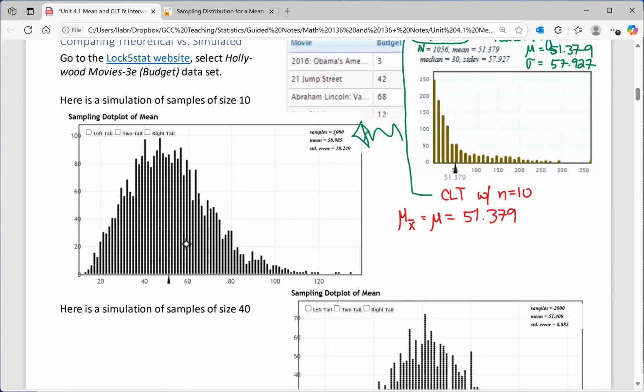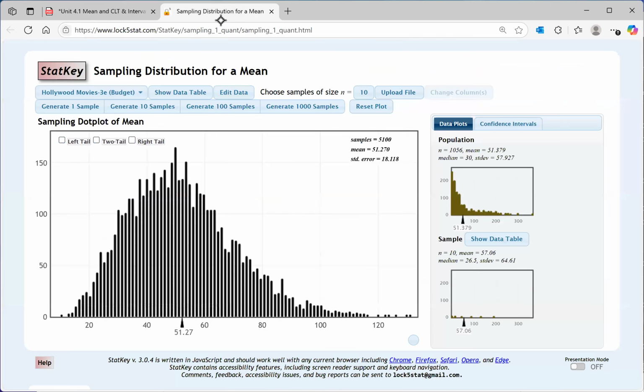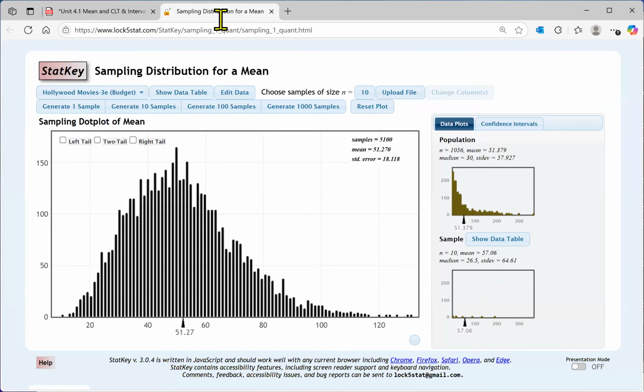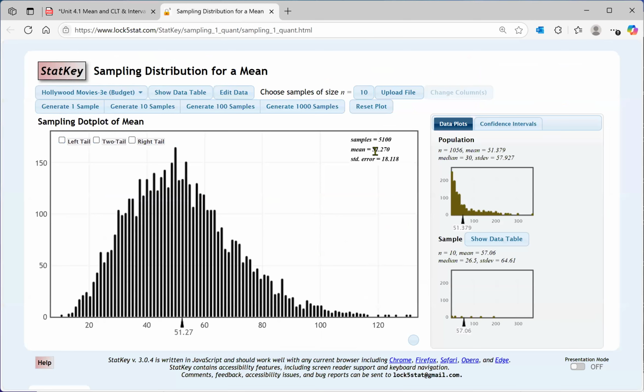Now, let's note how in this simulation, when I simulated it to make these notes, I simulated 3,000 random samples, and I got a value of mu of x bar of 50.985. And that's pretty close to 51. You can see that the population mean was 51.37. In this simulation that I have, my sample mean is 51.270. So the mean of the sample means is 51.27.